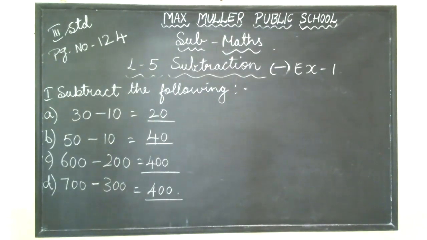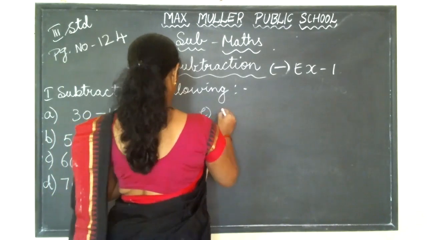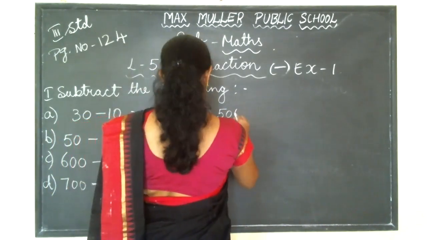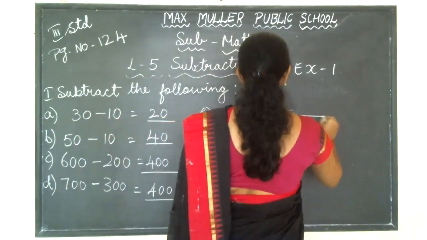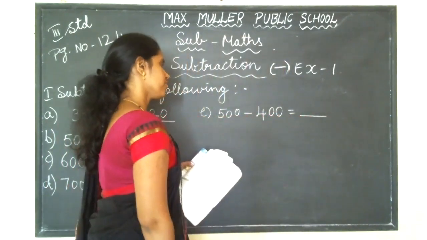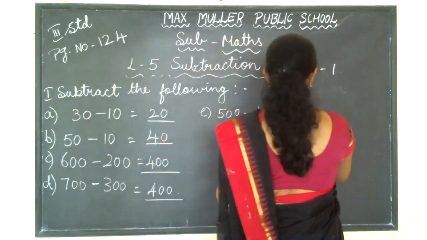Finished. Next, E, 500 minus 400. If you minus 400 from 500, how much will you get? 100.